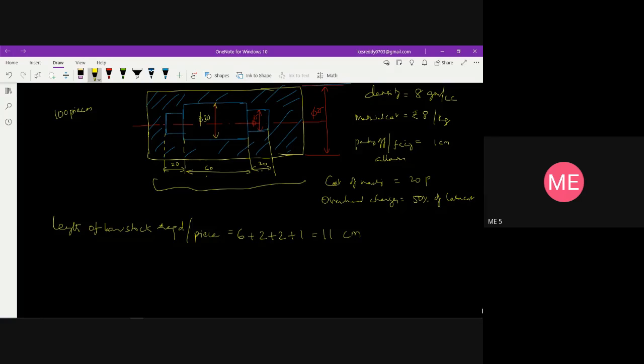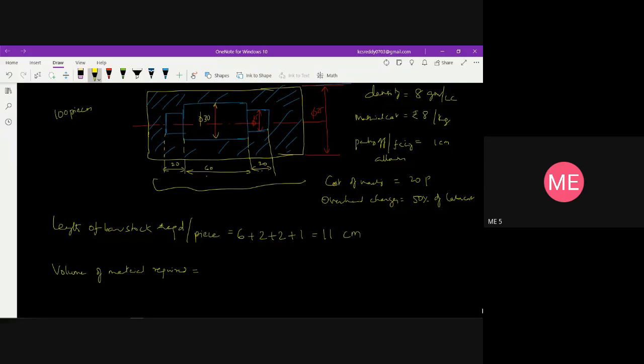Then based on this total length, what is the volume required, because we need to find out how much each component is going to cost. So the volume of the material required, for this piece, we can take it as pi d square by 4 into h.